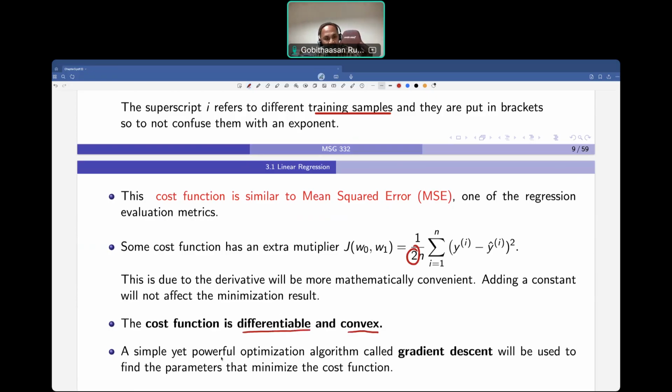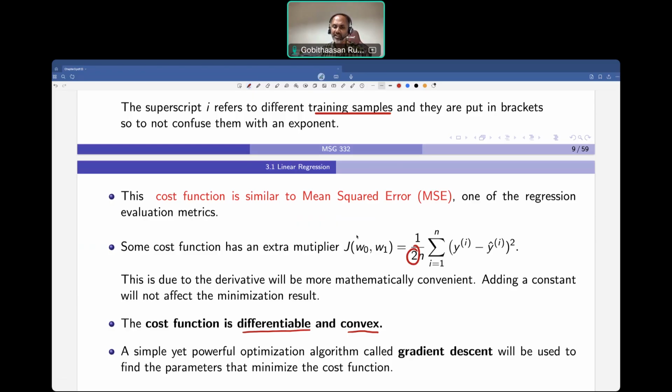A simple yet powerful optimization algorithm is called gradient descent. It's very famous. In fact, most artificial neural networks use this method to improve the accuracy for the next iteration. As we move further and further, we keep on improving the accuracy in such a way that finally it reaches the best accuracy.